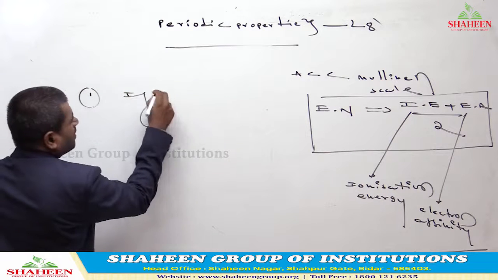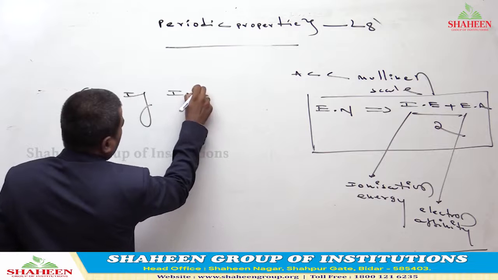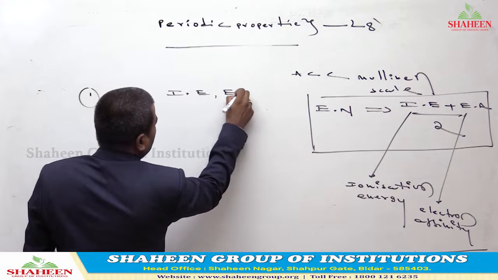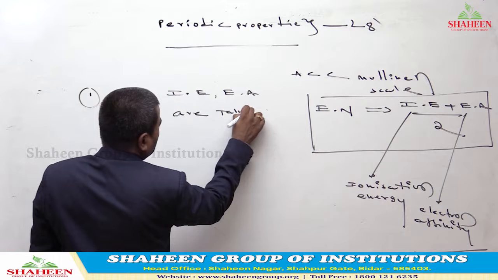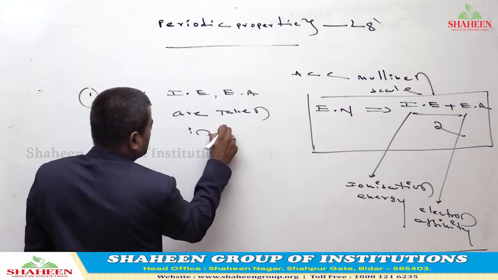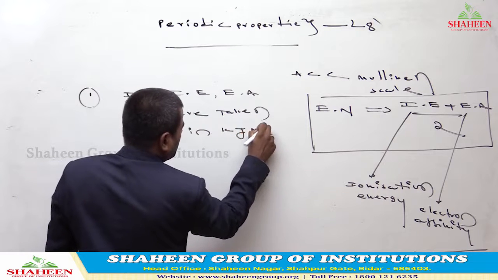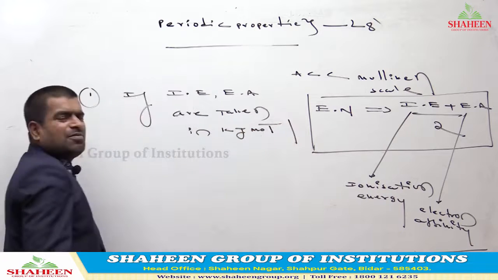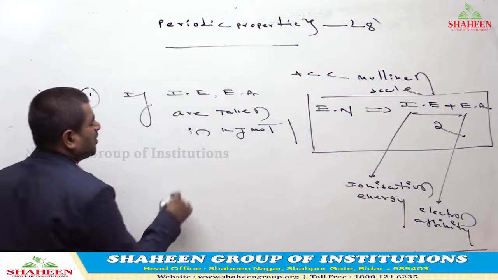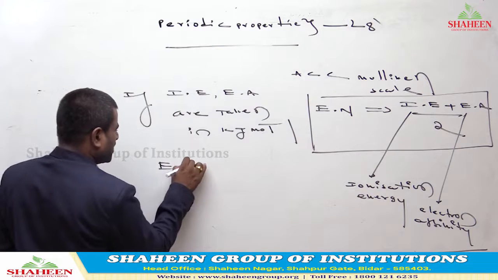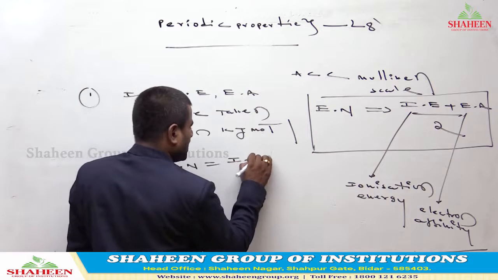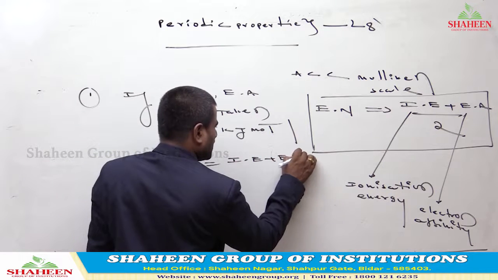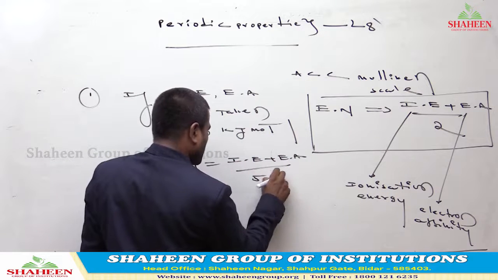If IE and EA are taken in kilojoule per mole, this formula is used for calculation of electronegativity: EN is equal to IE plus EA divided by 544.